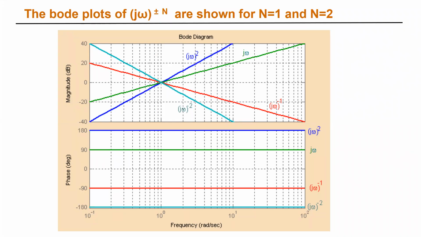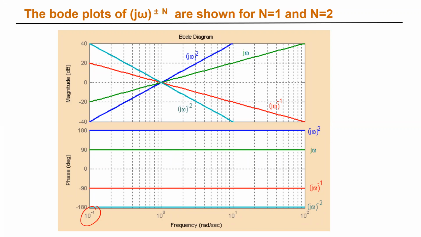This is basically what I'm trying to say. Look, what do I have in here? Suppose I have one pole, and this is my scale at 0.1. I will go on the red line. If I have two poles, I'll start at 40, and my slope is going to be minus 40 dB per decade. If I have a zero, it's going to be a positive slope of 20.